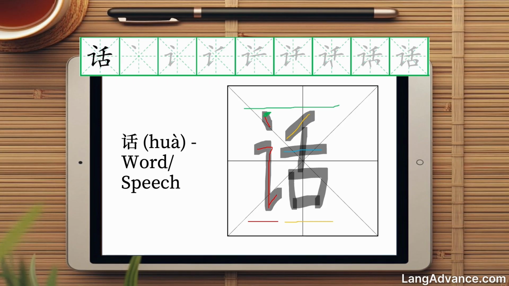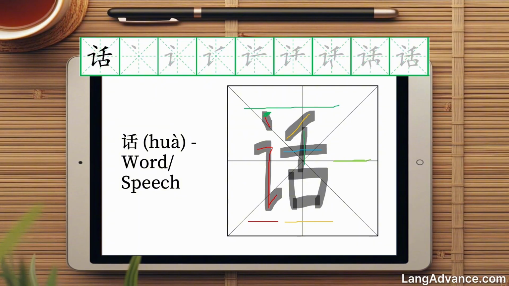In this case, this horizontal line must be above the middle box, which is this line here. As long as it's above the middle line, then you are in the correct position, because we still have a box that we need to draw at the bottom.